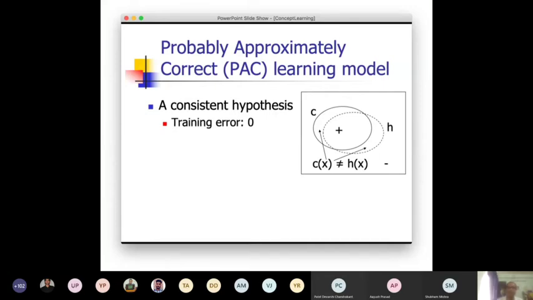These have been shown by the plus and minus signs. In C, which is a solid line for the ellipse, the positive examples are within that ellipse, whereas for the hypothesis H, you have the corresponding dotted line. That also includes positive examples. So there is an agreement between C and H on the positive examples. That is the common set, the intersection of these two ellipses.